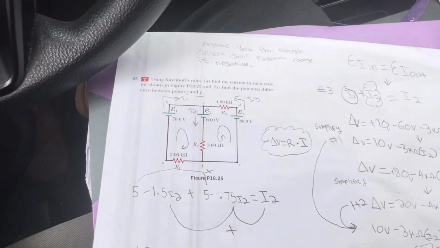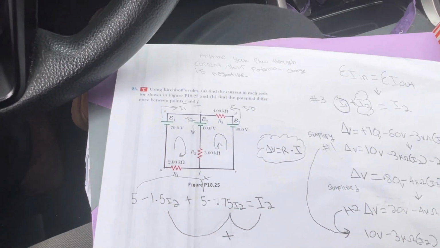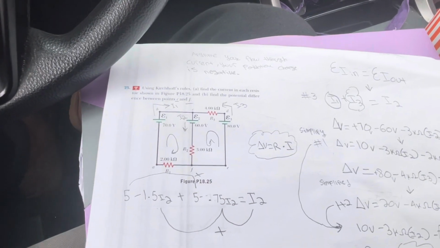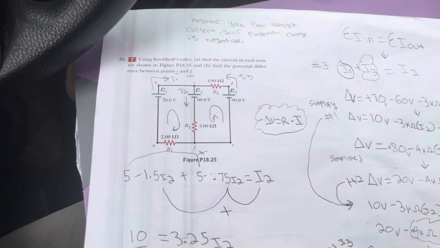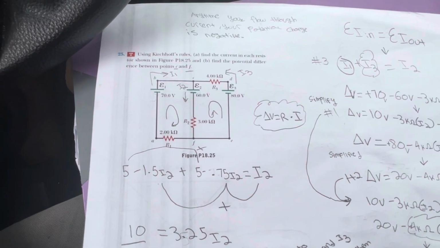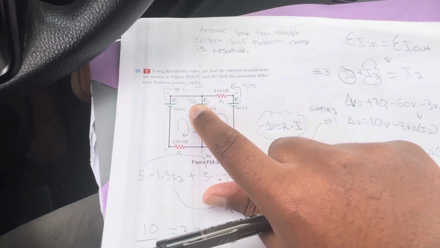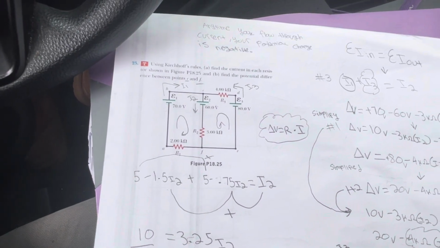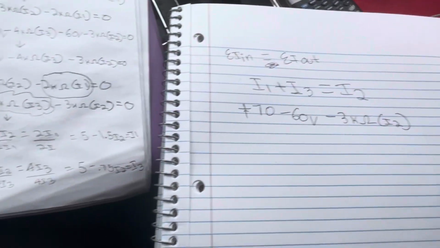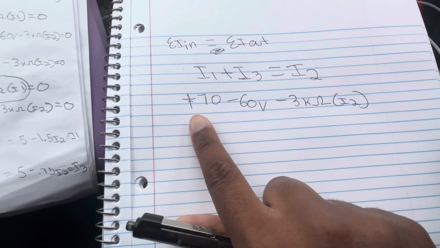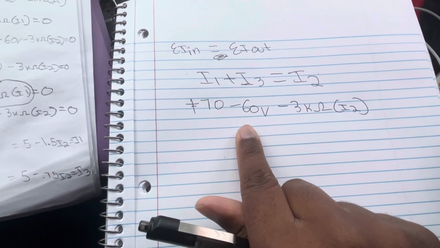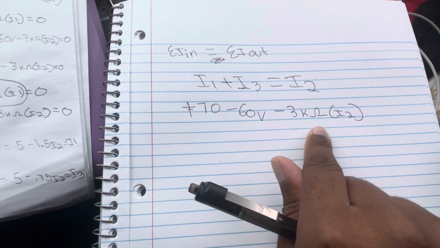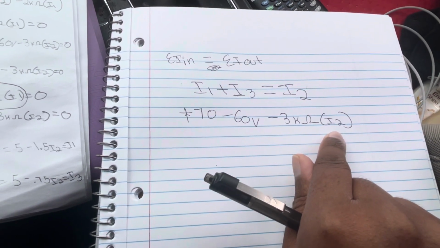So minus 3 kilo ohms times our current, which is I2. All right, so now I just wrote that right here. So we did 70 minus 60 volts minus 3 kilo ohms times I2.